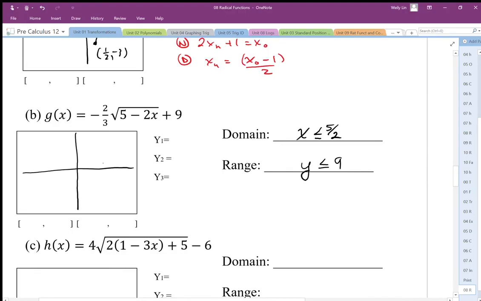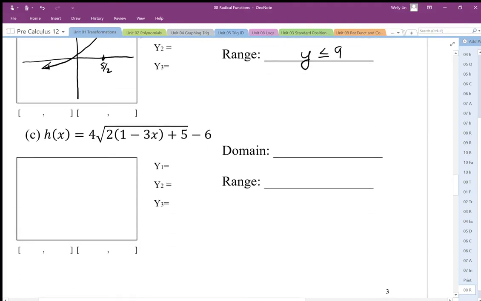It's going to start at 2.5. It's been horizontally flipped and vertically flipped, so it's going to go down and to the left. Our vertex is going to be at positive 9. So it's going to look something like that. 2.5 is our x, and 9 is our y.